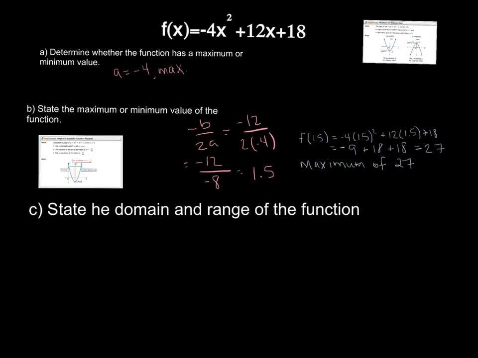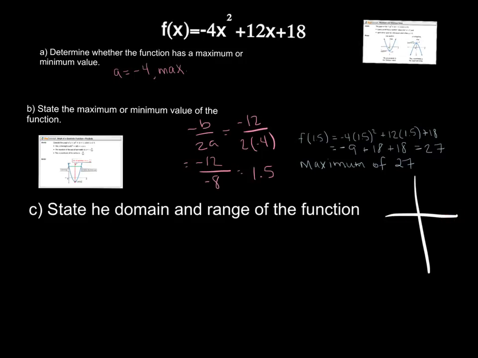Now I want to take this information and we're going to state the domain and range of the function. A little typo there. So we're going to look at the domain. The domain goes with all of our x values. So when we have an x and a y-axis, our domain is everything on our x-axis.